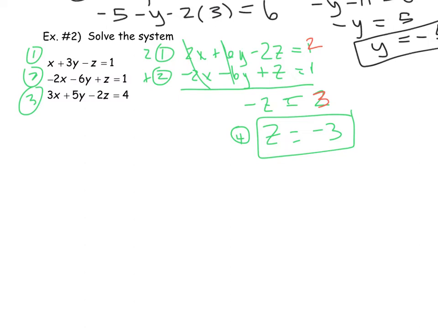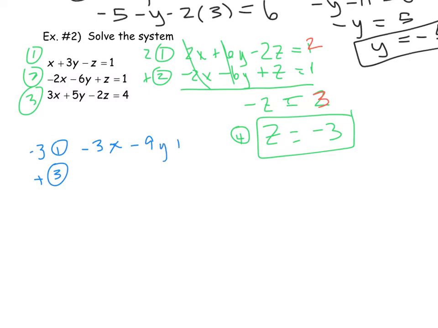Okay, so now we're going to go to equation 1 and 3. And when we go to equation 1 and 3, we're going to eliminate x. So if we look at 1, I have to multiply 1 by a negative 3, and we're going to add it to equation 3. So if I multiply through by negative 3, I get negative 3x minus 9y.